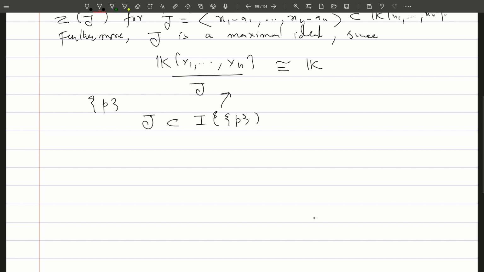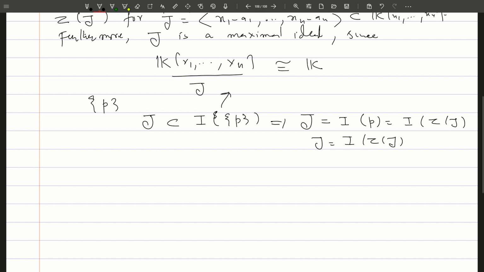But J is given to be the maximal ideal. So this would imply that these maximal ideals are of the form the ideal of this singleton P, which is the ideal of P, the zero set of the ideal J. I mean, this J is the same as I of Z of J.